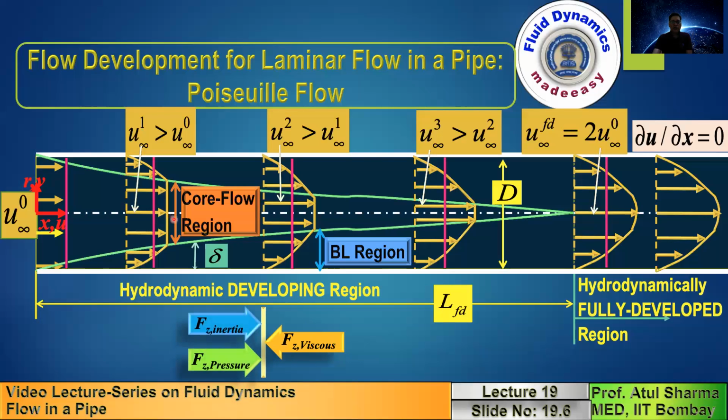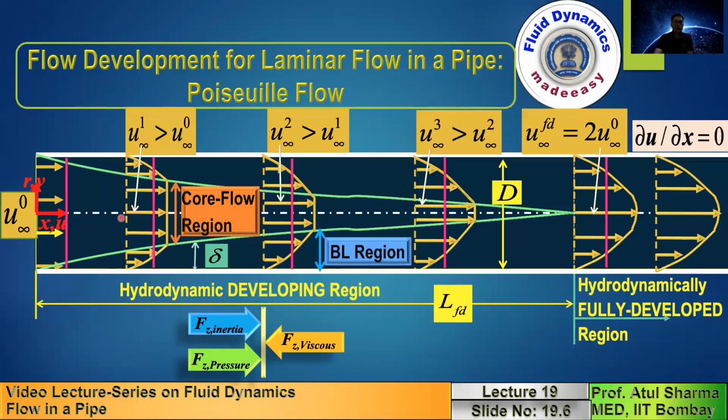Now the core flow is accelerating, so when you take the axial momentum flow rate in the core flow region, at this location it will be given by rho into u infinity 1 into the area.